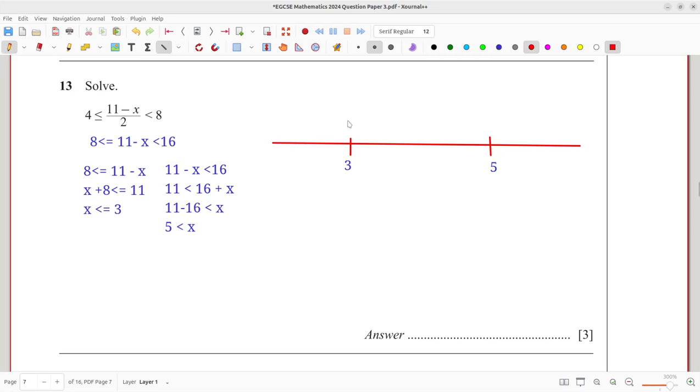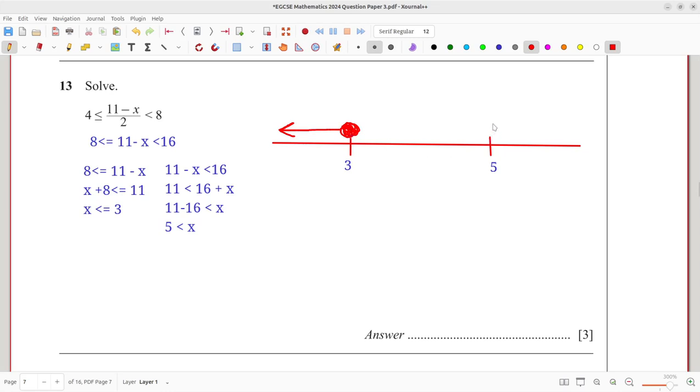Since it's less than or equal to, you are going to use a shaded circle, something like this. Let's shade it. And then x less than 3, it's going that direction. The other one, it's x greater than 5.